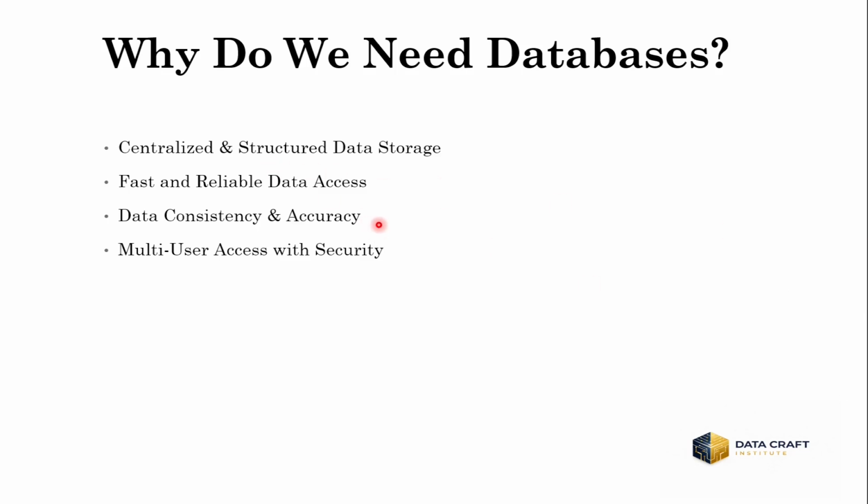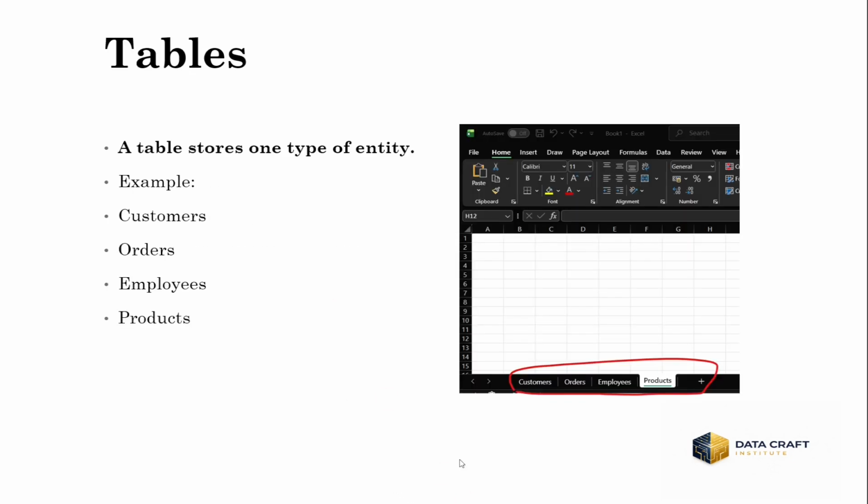Data consistency and accuracy: they ensure everyone sees the same correct data by enforcing rules and preventing duplicate and conflicting information. Multi-user access with security: databases allow many users and applications to access data safely at the same time with proper permissions and controls.